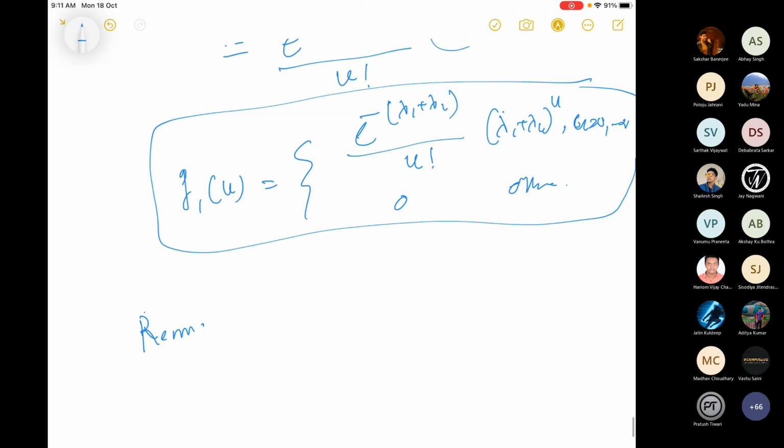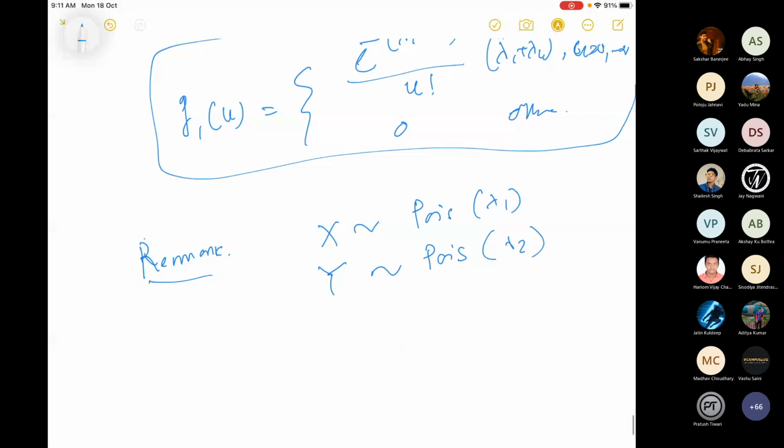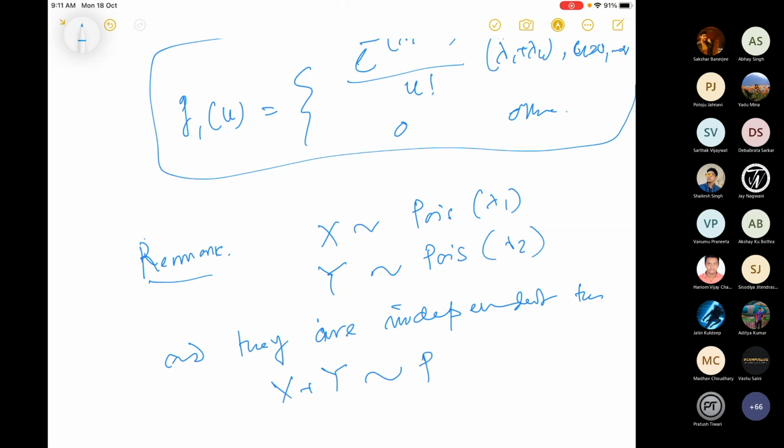This is a nice thing to observe: if x is Poisson with mean lambda 1, y is Poisson with mean lambda 2, and they are independent, then x plus y is Poisson, and the parameter is just lambda 1 plus lambda 2. This kind of result will help you solve some problems probably in the exams. So you always have to remember this kind of small results.